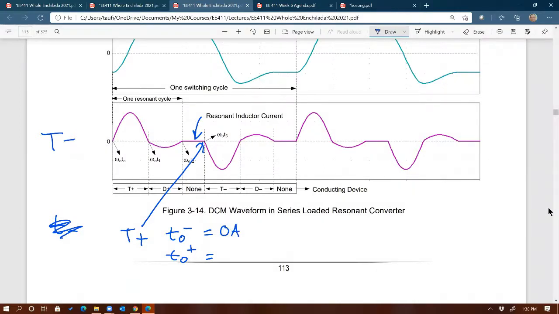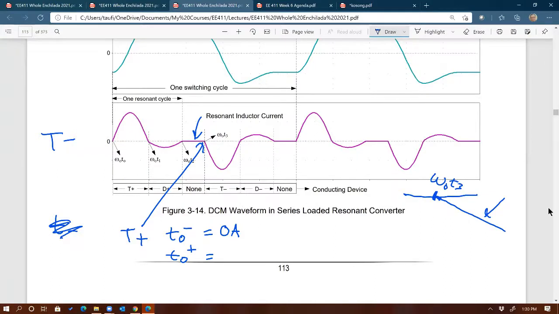What about T0 plus? What happens after you turn on T plus? Is it 0 amps or not? It's sinusoidal, but because it gradually changes, it's basically 0. Exactly. This is omega naught T3. The current is gradually increasing from 0. It's not a steep change.